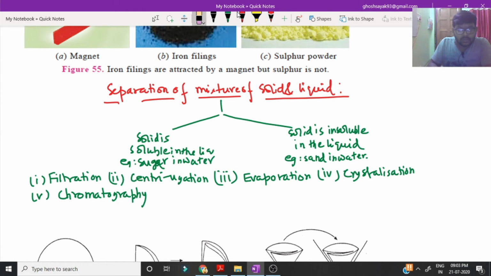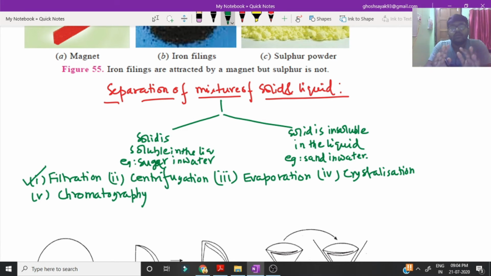So there are 5 categories by which we can separate the mixture of a solid and a liquid. We can separate the components of the mixture. First of all, we have to learn all these processes, along with some more processes. First of all, we have to learn about filtration.